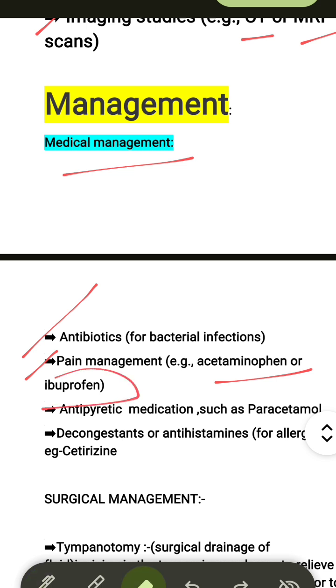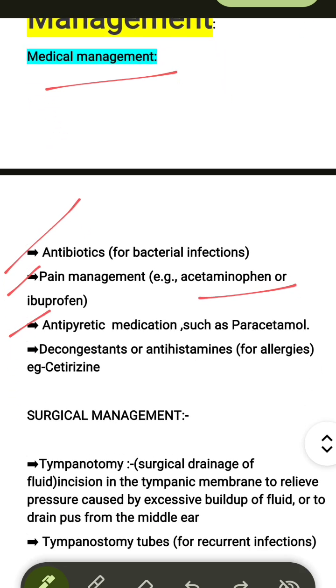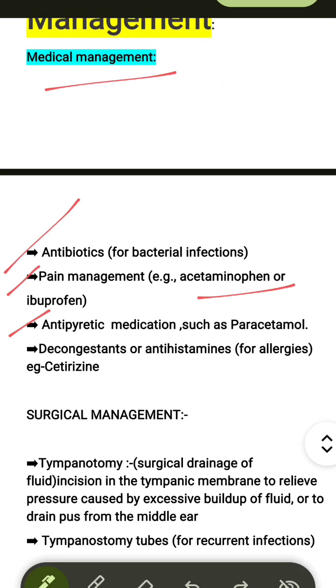Next we'll provide antipyretic medication because fever is there, so for fever we'll provide paracetamol. And next we'll provide decongestants or antihistamines for allergies, for example cetirizine.